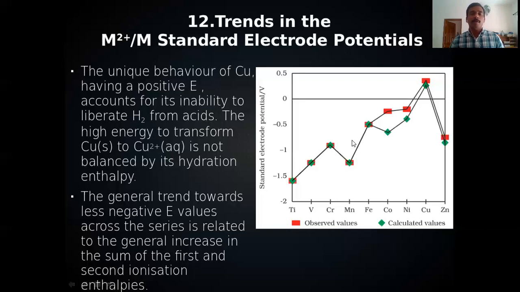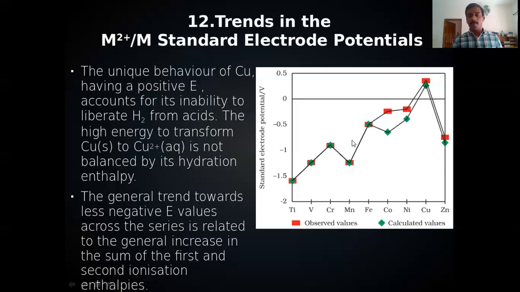For the conversion of Cu2+ to Cu, addition of electrons is required, isn't it? Copper has a large tendency to undergo reduction. Why is it showing a large tendency to undergo reduction? Because for the removal of electrons from copper, a large amount of energy is needed. And that energy is supplied by the hydration enthalpy.